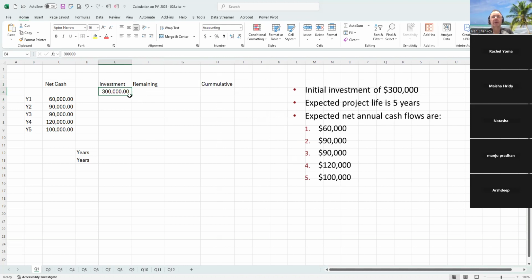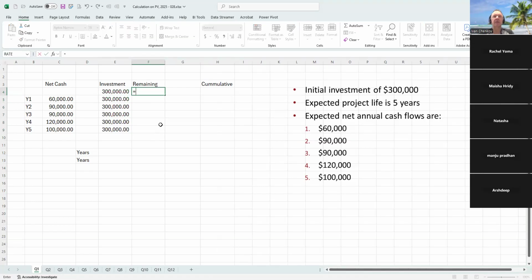It's always going to stay the same amount because we're not changing the investment. The question is, how long is it going to take us to reach those $300,000? One option is the remaining amount. At the end of the first year, the remaining amount left to recover will be 240.